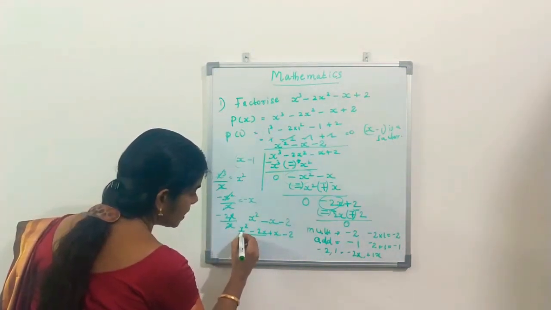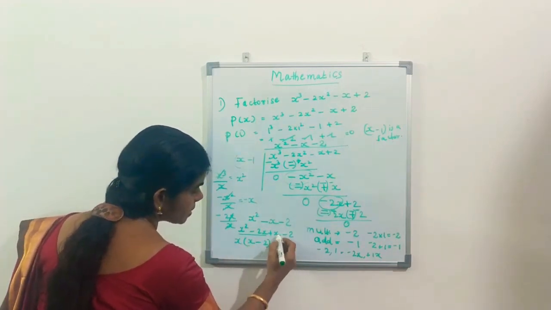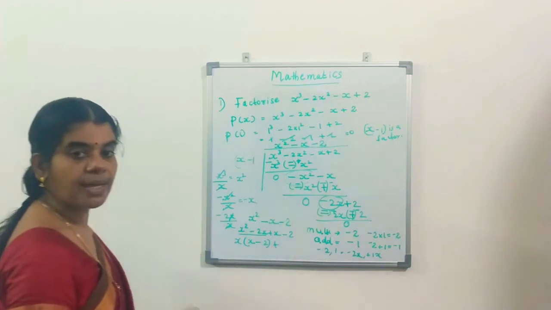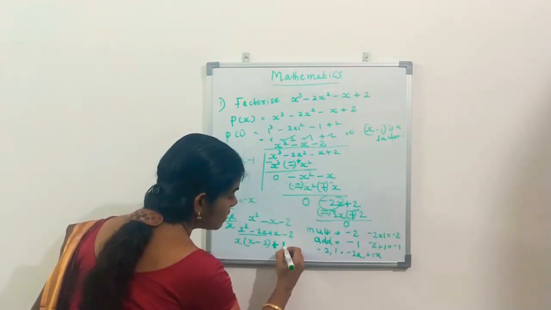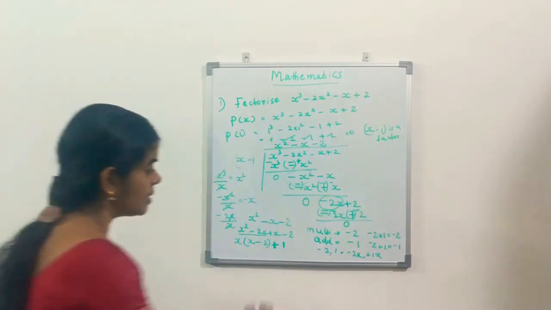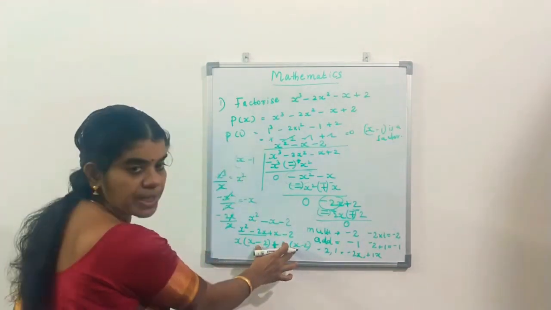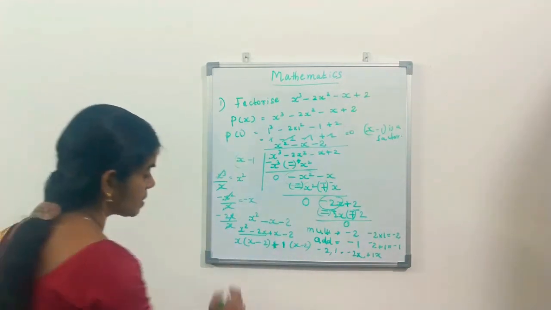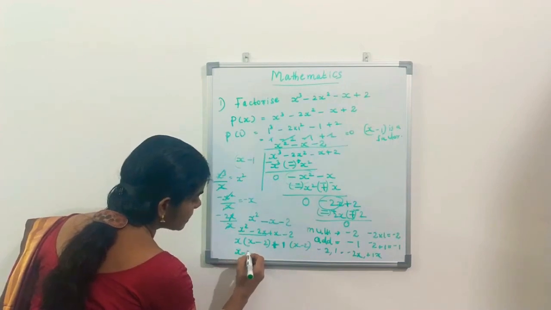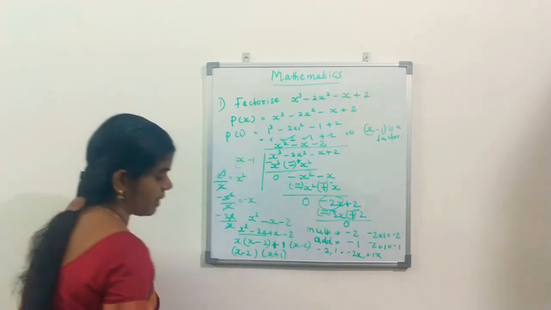Then remaining here will be x minus 2. Here just look, no number we can take outside. Therefore, what can we take? 1 we can take outside. Therefore, here will be x minus 2. Again, you got these two terms are the same, and x plus 1 is the remaining term. Therefore, which are the factors? x minus 2 and x plus 1 are the other factors.